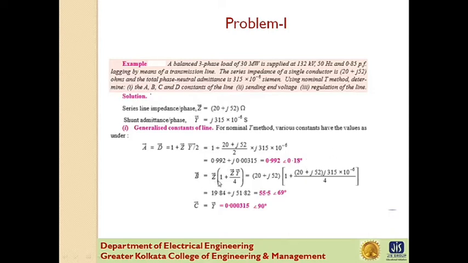Similarly, by putting the values of z and y we get B equal to 19.84 plus j51.82, equals 55.5 angle 69 degree, and C is equal to the admittance per phase, which is given in the question. So this is equal to 0.000315 angle 90 degree.